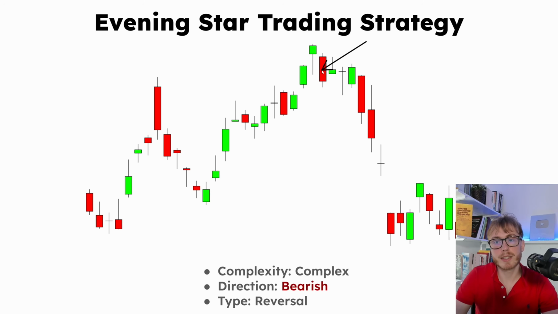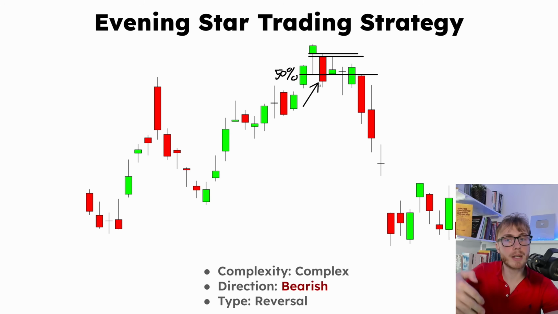The third candle is a strong bearish candle. That's exactly what we want to see. And even though it's tiny, we can see that we do have a gap here between candle 2 and candle 3. And also the red candle closes below the 50% mark of candle 1. So you can see that the candle close is clearly below that point. So we have all our criteria and this pattern is confirmed.